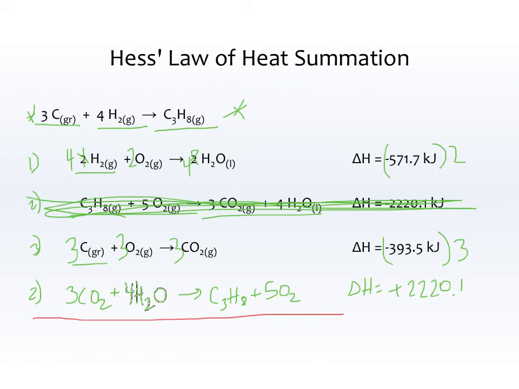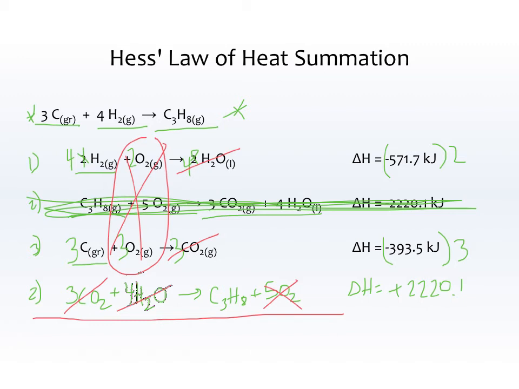Well, I see that there's 5 oxygens here on the left. Ooh, but there's also 5 oxygens on the right, so that's going to cancel. Let's see. I see 4 waters on the right and 4 waters on the left. That'll totally cancel. And 3 carbon dioxides on the right and 3 on the left. That'll cancel.